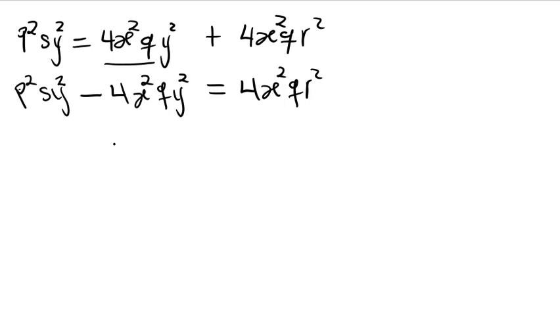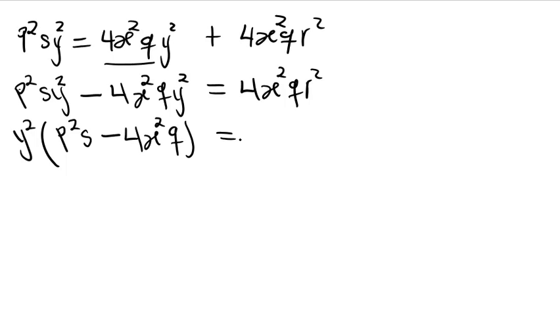So the next thing for us to do is factorize the y squared out. We are going to have y squared, open our bracket, we are left with p squared s minus 4x squared q, and this will be equal to 4x squared q r squared.